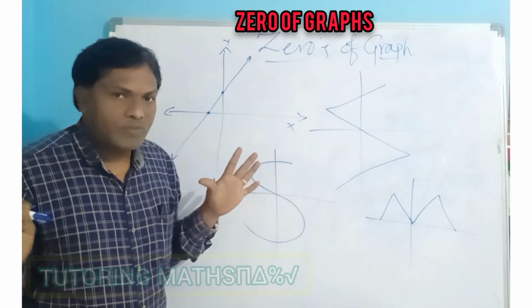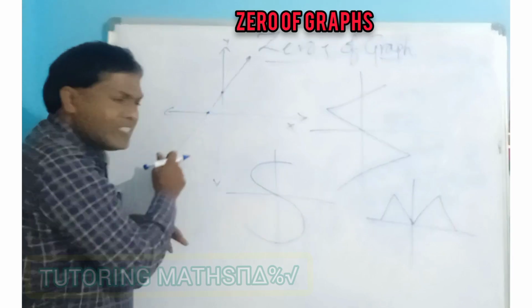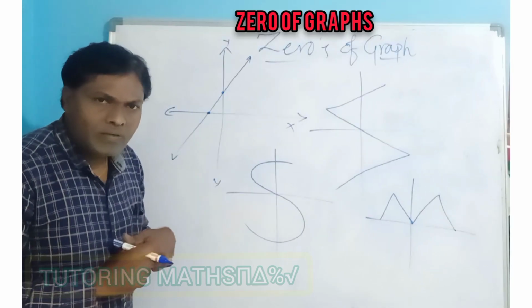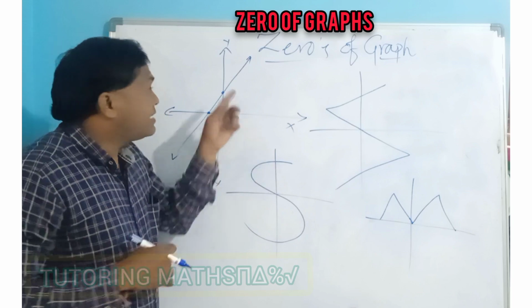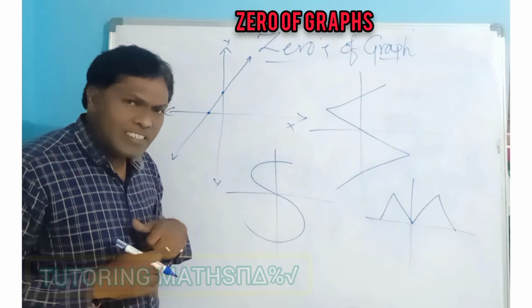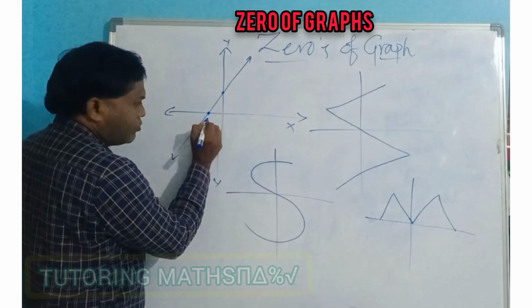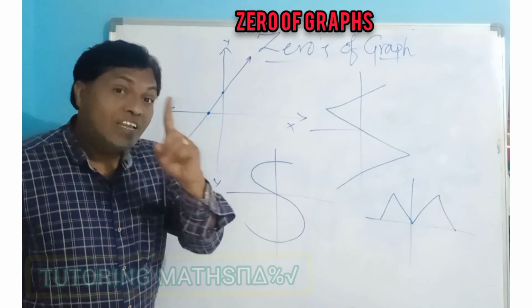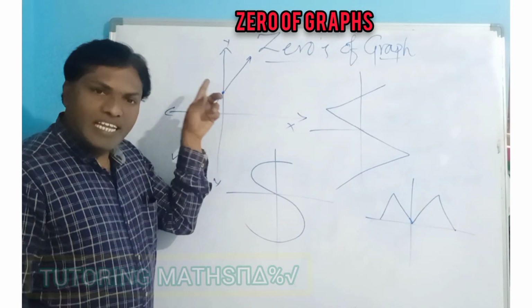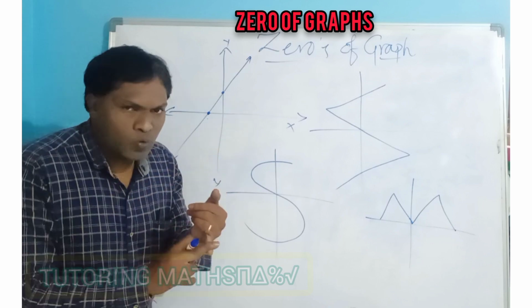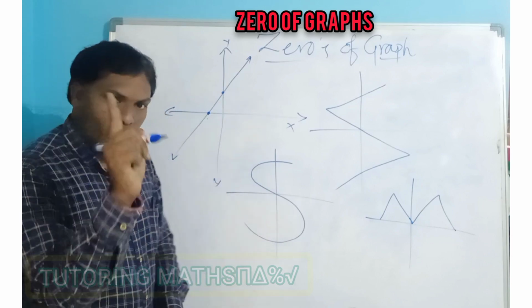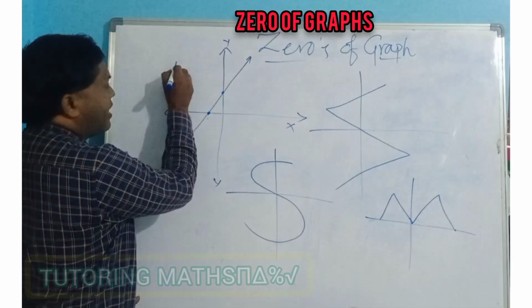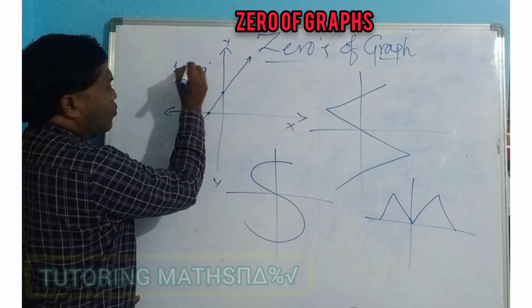Once again, this graph is intersecting both axes. But I want to know at how many places this graph is intersecting the x-axis. Yes, only one place. Therefore, this graph has zeros. But how many zeros? 1 zero. This graph has 1 zero.